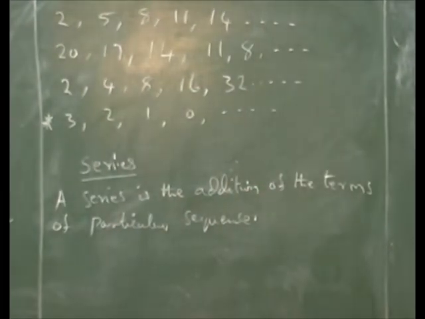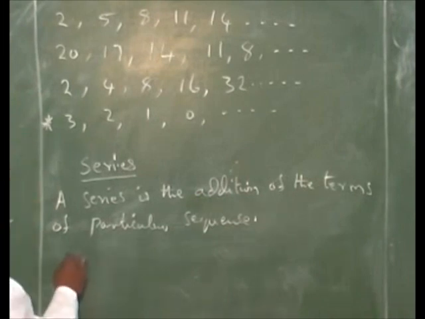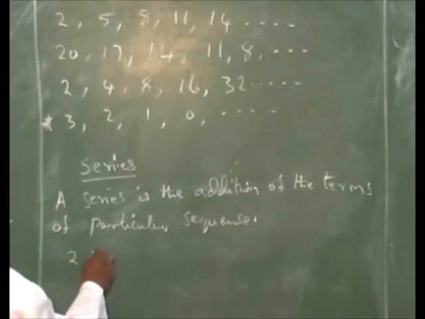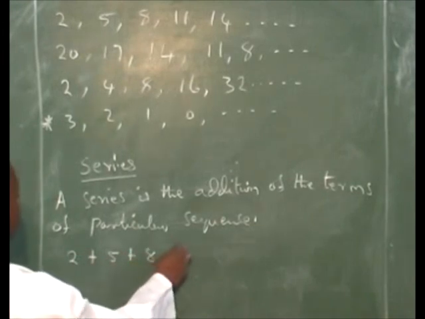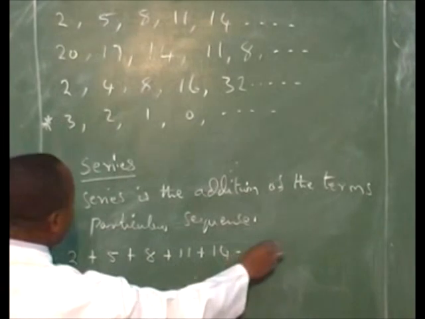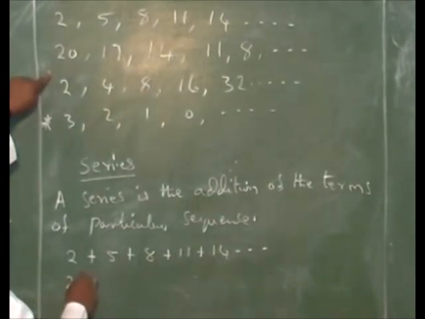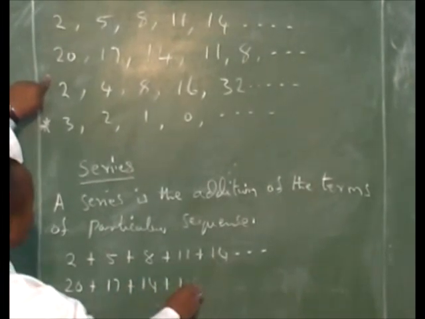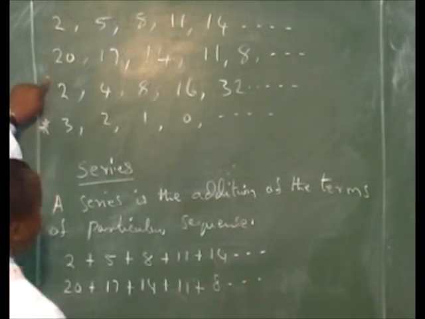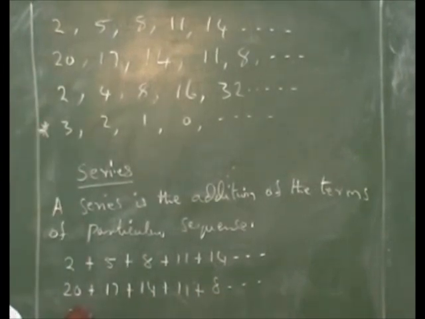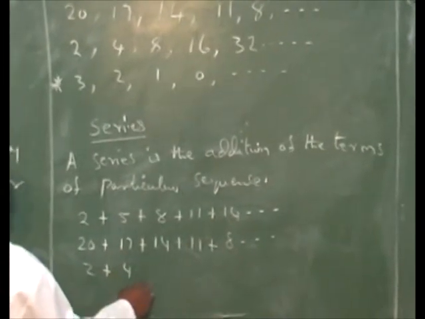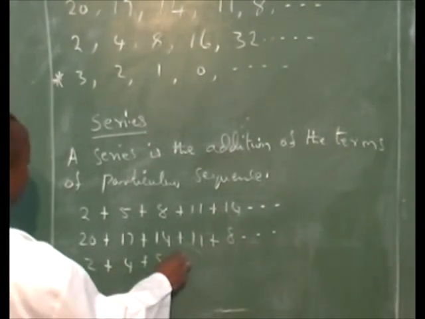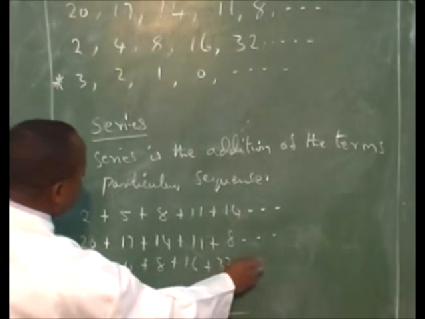If you add all the terms in a particular sequence, then we call it series. That means the example above, example 1, the series is 2 plus 5 plus 8 plus 11 plus 14, and it will continue. For example 2, we have 20 plus 17 plus 14 plus 11 plus 8, like that. Same thing happens to example 3, 2 plus 4 plus 8 plus 16 plus 32.